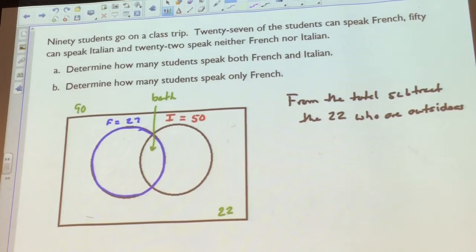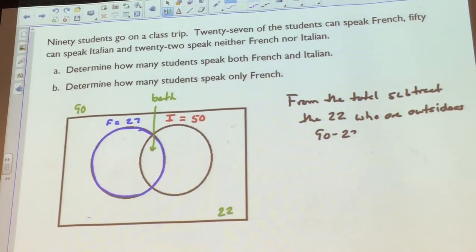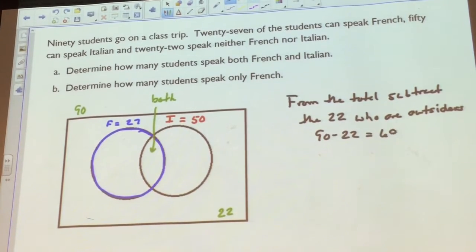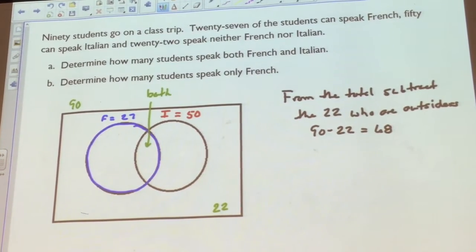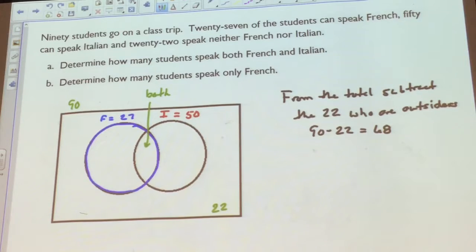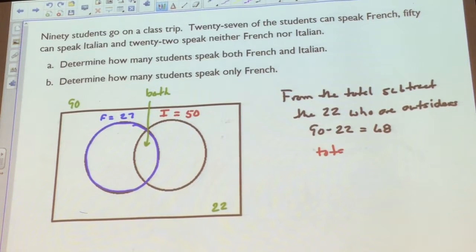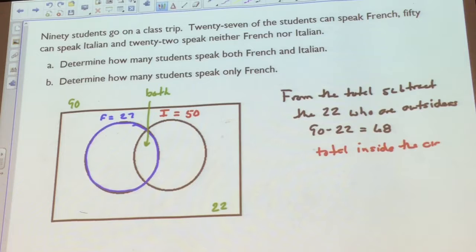They're not inside the circles. So if we take 90 and we subtract the 22, that gives us a value of 68. What does that 68 represent? How many in the middle? So if we've taken away the outsiders, this has to represent the total inside the circles.